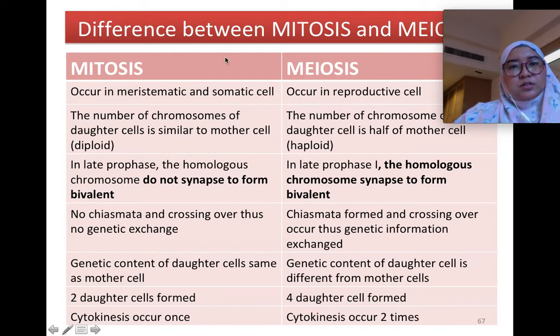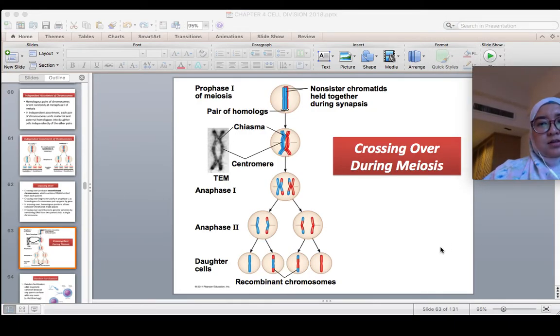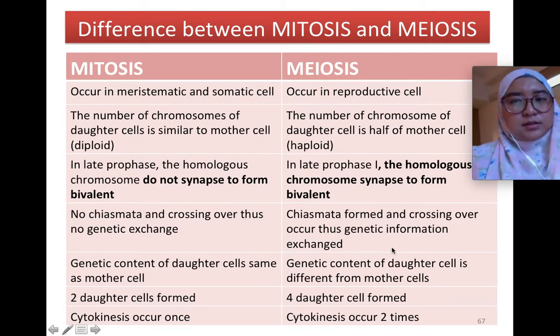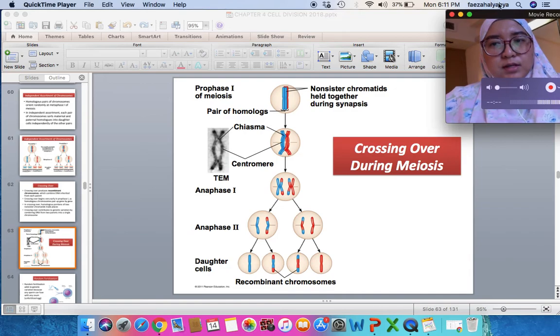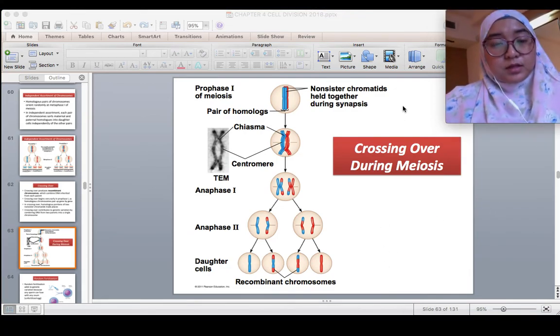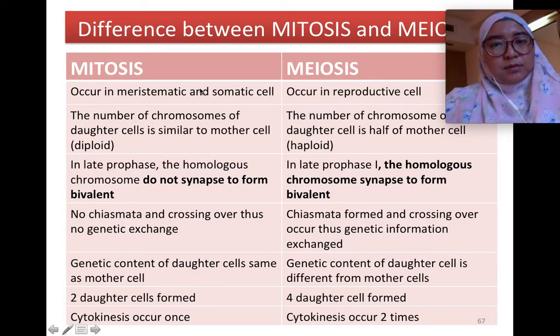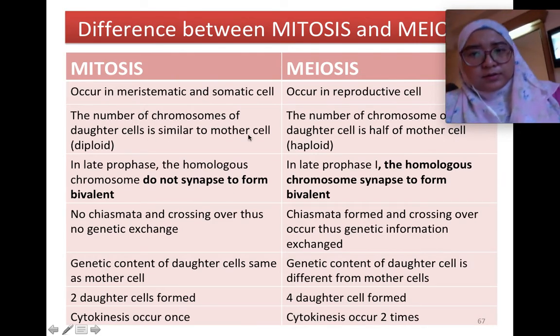So, this question is quite popular. You are often asked what the difference is between mitosis and meiosis. So, you can differentiate them in terms of, the first point that can differentiate is where it occurs. It occurs in meristematic cells for mitosis and in reproductive cells for meiosis. And then the second point is the chromosome number.